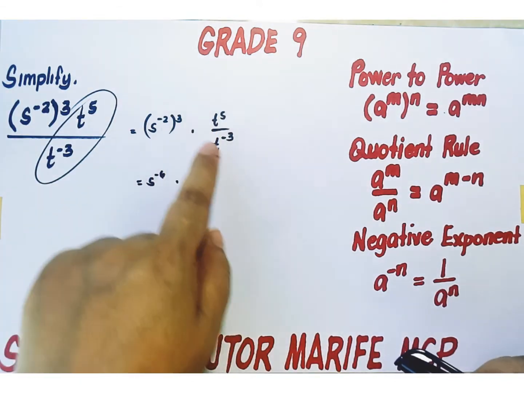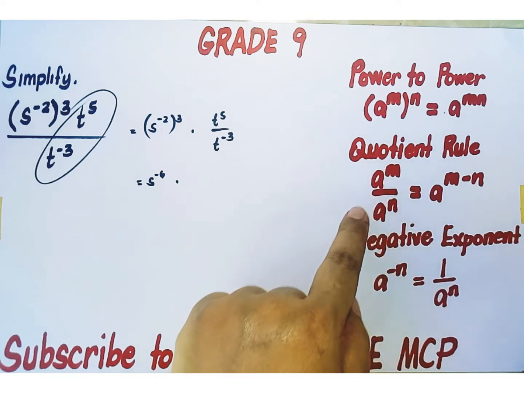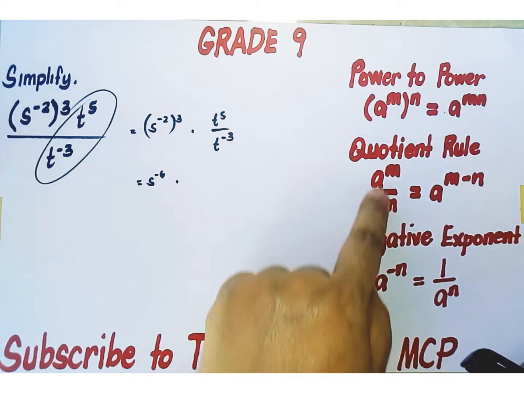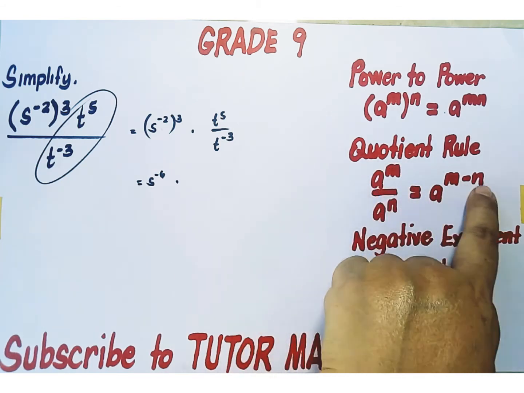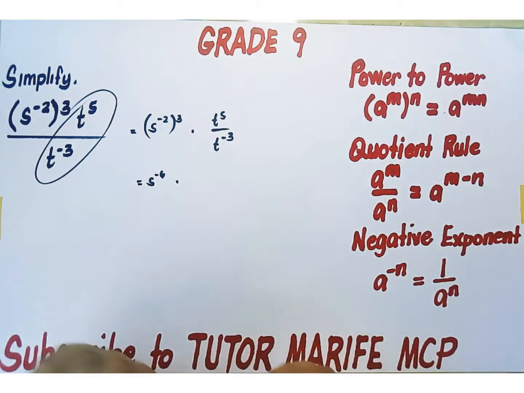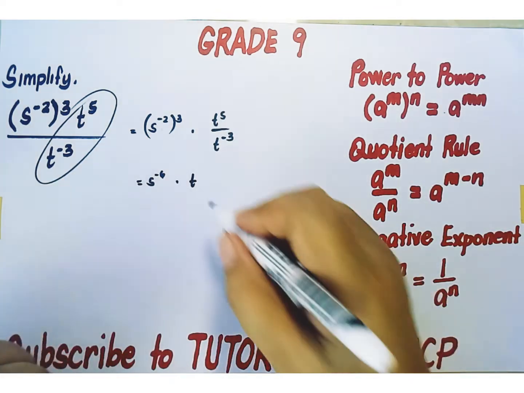For this part, let's apply the quotient rule. The quotient rule tells us that to divide exponential terms with the same base, we keep the common base and subtract their exponents. The common base is t. The exponents are 5 and negative 3.